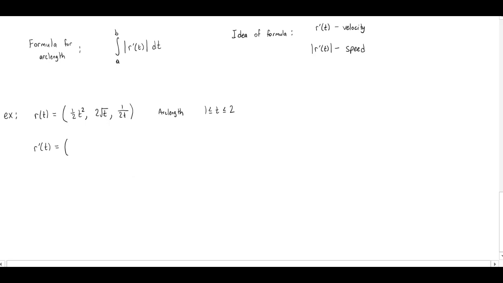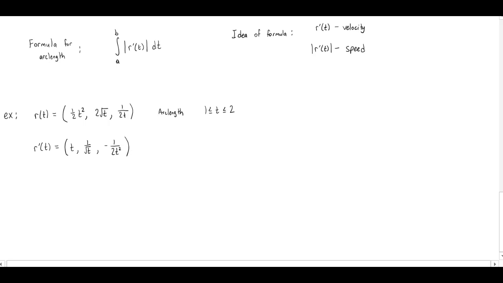Next, 1 over square root t. And then last, 2t squared.